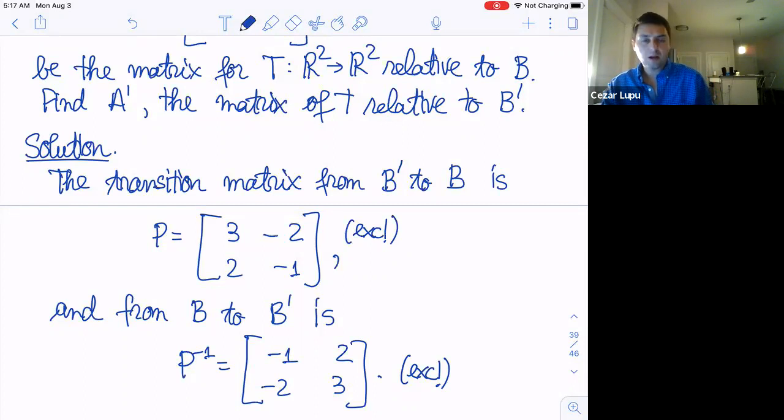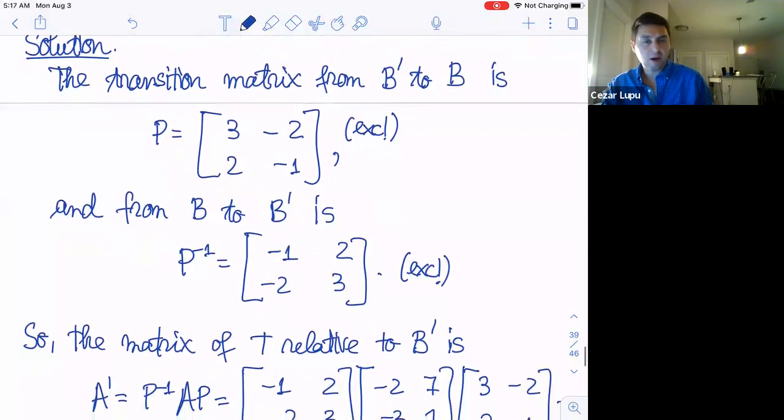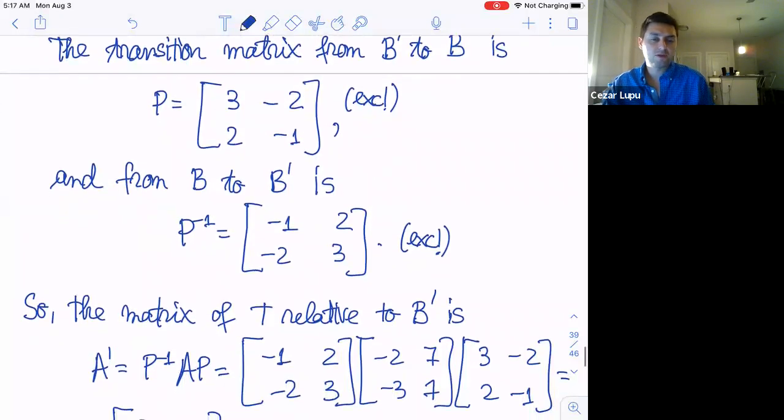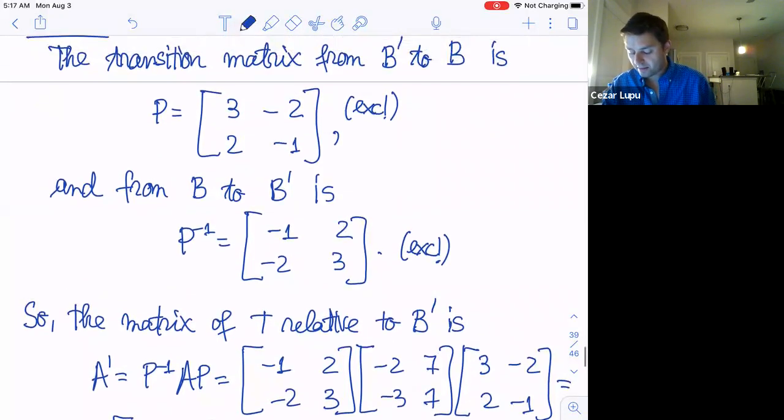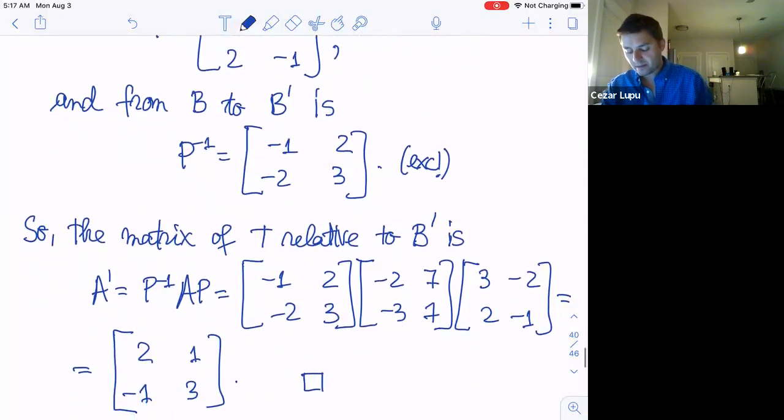Okay, and now it's quite clear. So the matrix for T relative to B prime, again, it's that A prime matrix, which is given by this product, P inverse times A times P. And again, I have to multiply these three matrices. And this multiplication will give you 2, 1, and -1, 3.